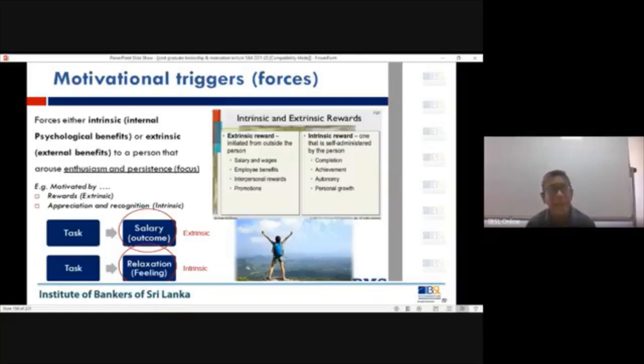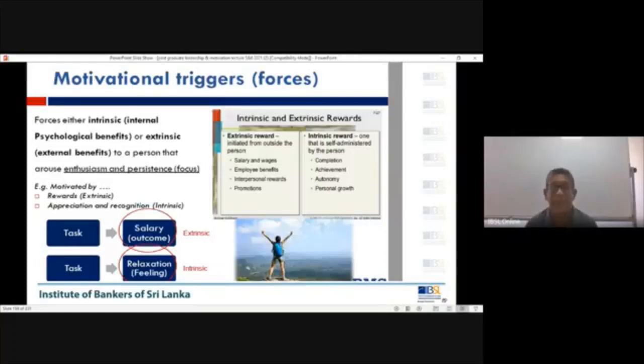Forces are the intrinsic or extrinsic, internal or external benefits to a person that arouse enthusiasm and persistence within the body. Say for example, your salary is extrinsic, and your feeling we call intrinsic.